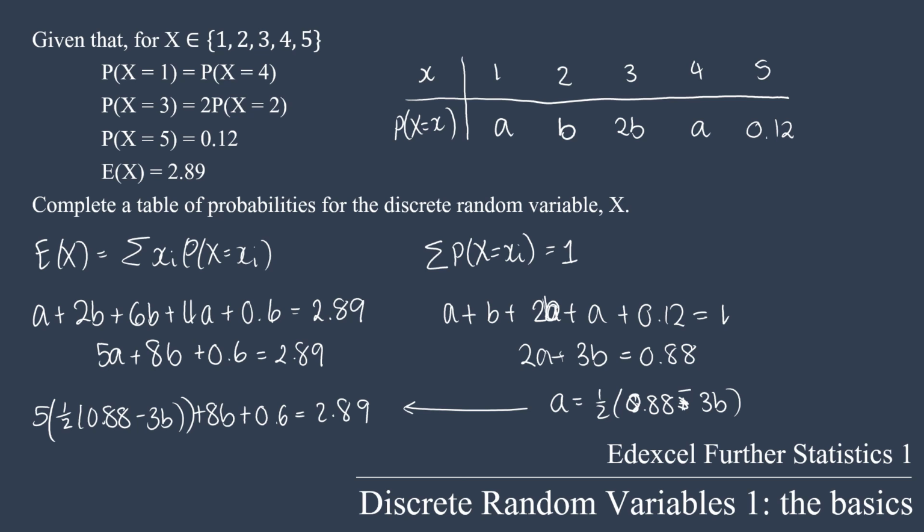It's up for you to decide whether that's a bit of time that you're prepared to spend on the off chance there's a mark there, but I think it's worth knowing about. When you solve those equations, you get the value of A as 0.17 and B as 0.18.